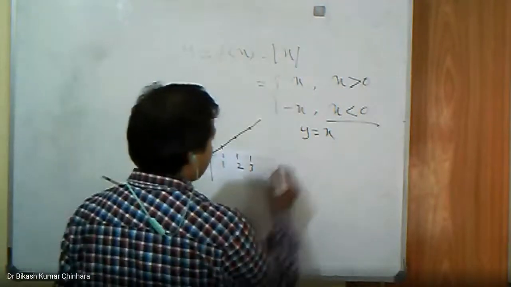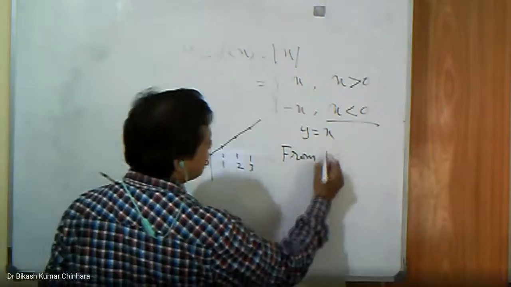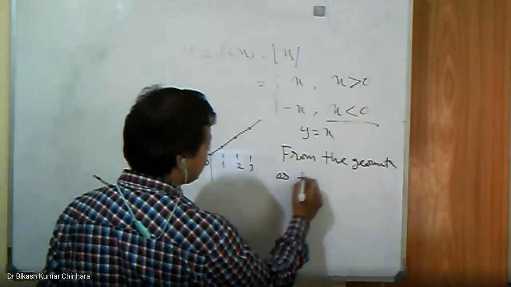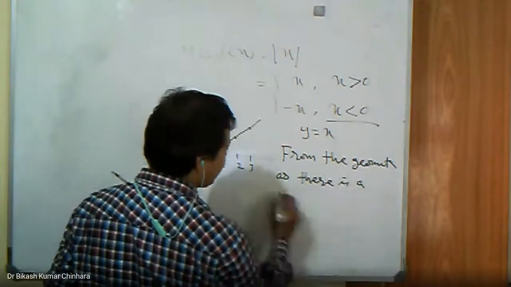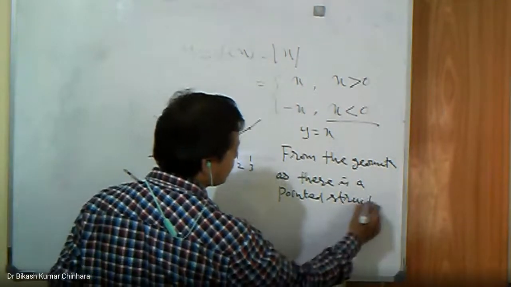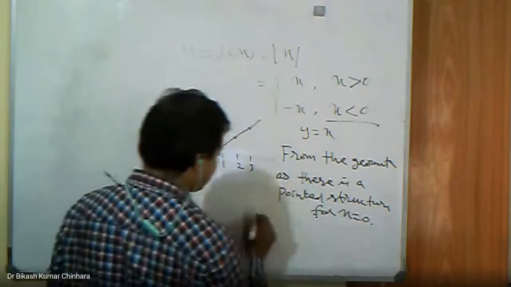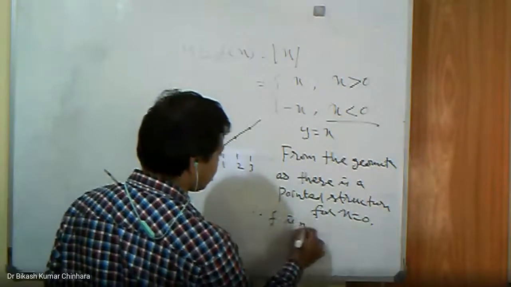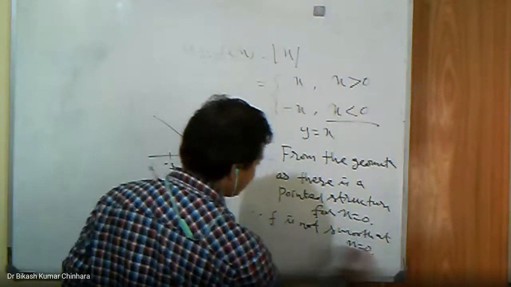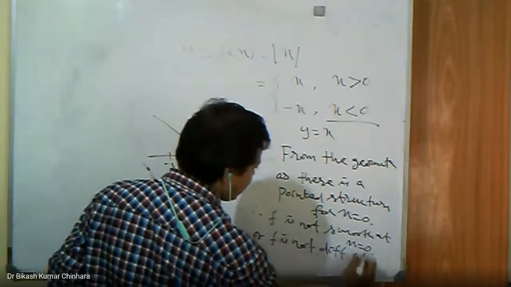From the geometry, you can say that as there is a pointed structure at x is equal to 0, therefore f is not smooth at x is equal to 0, or f is not differentiable at x is equal to 0.